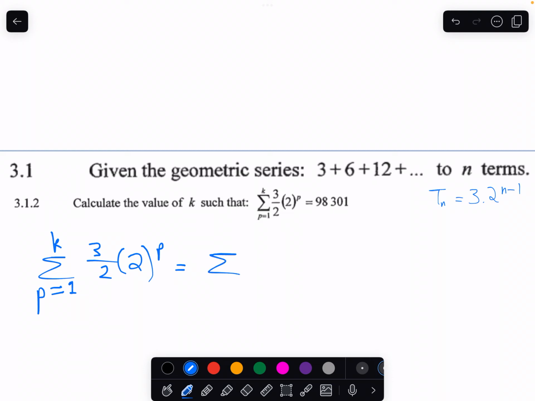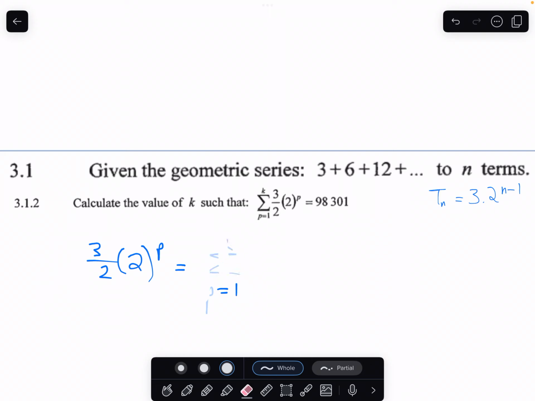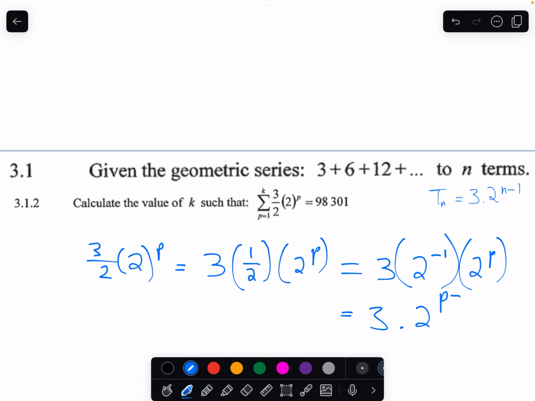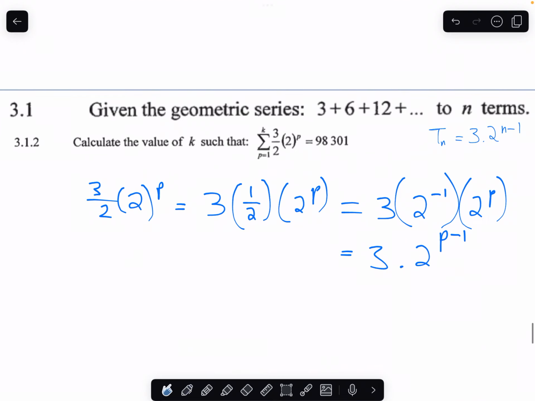So this is the same as the sum, and maybe we don't need the whole sum just yet. Let's just work with this expression, right? So I'm just going to detail it. This is the same as 3 times 2 to the negative 1 times 2 to the p, which is equal to 3 times 2 to the p minus 1, right?